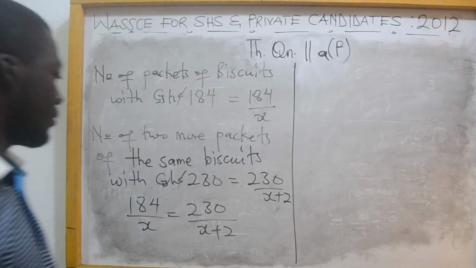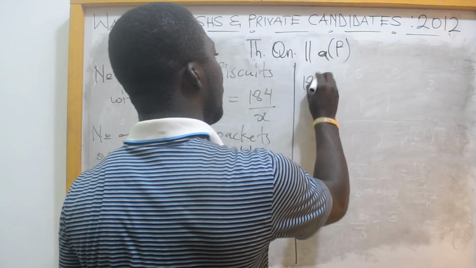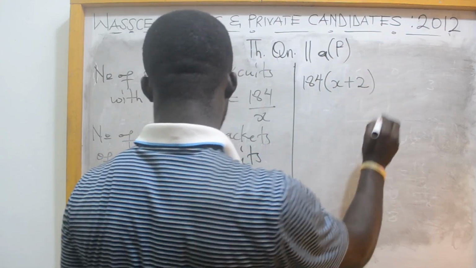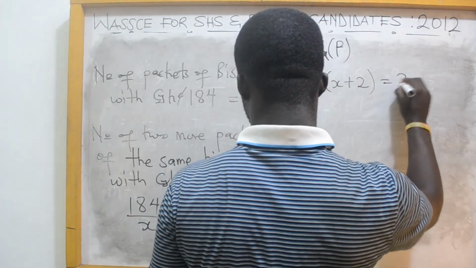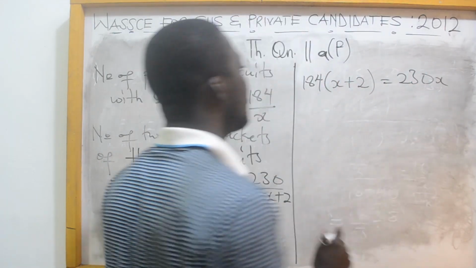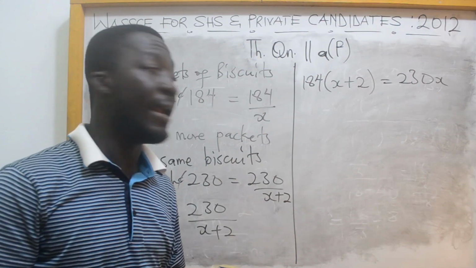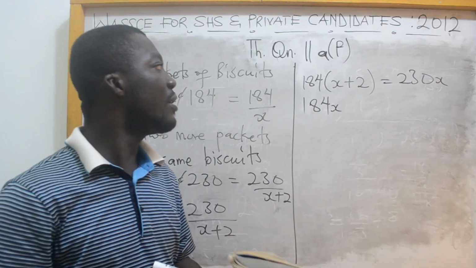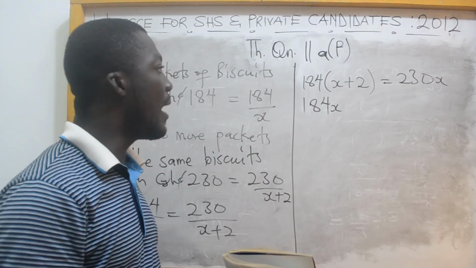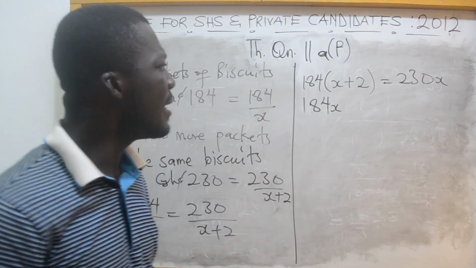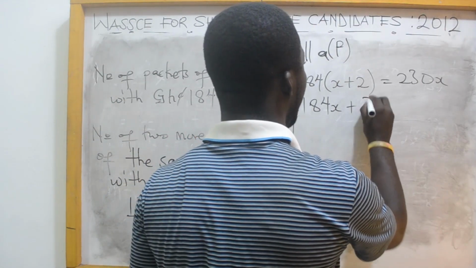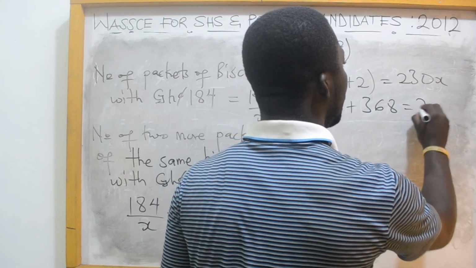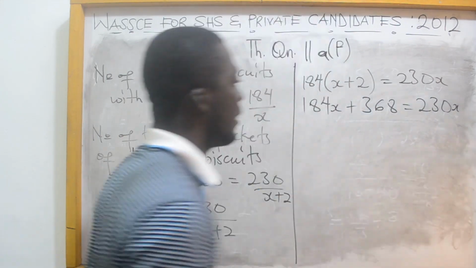When we apply cross multiplication, we are going to get 184 multiplying x plus 2 is equal to 230x. When we multiply 184 by x, we are going to get 184x. And when we multiply 184 by 2, we are going to get 368, which is equal to 230x.